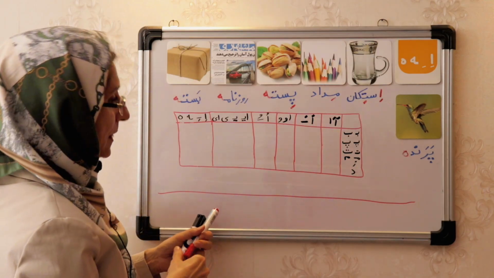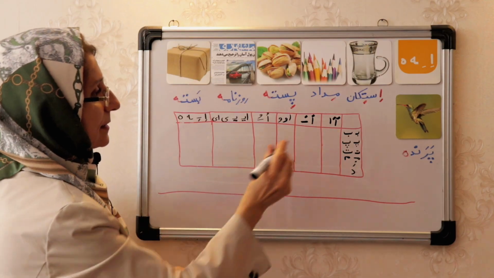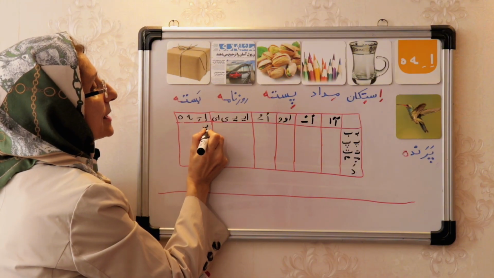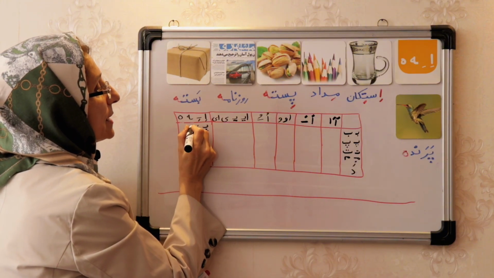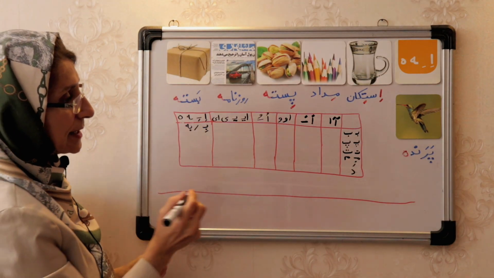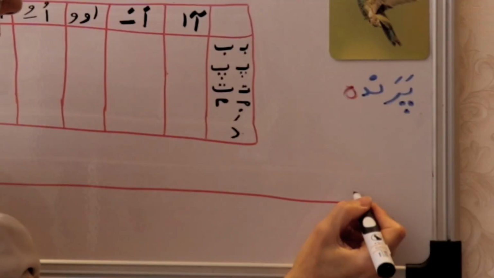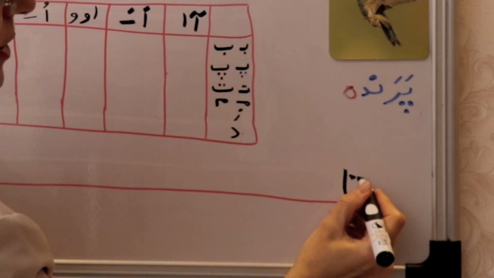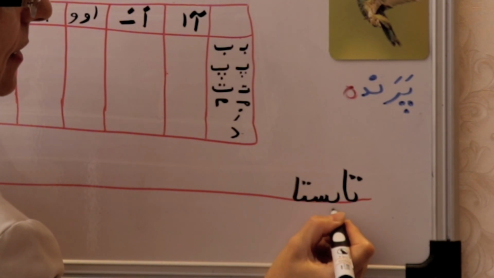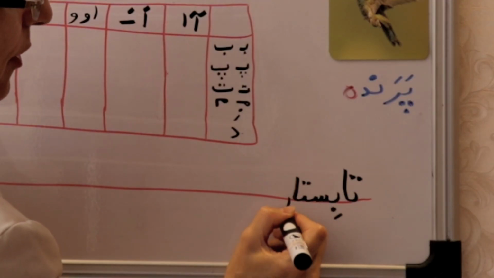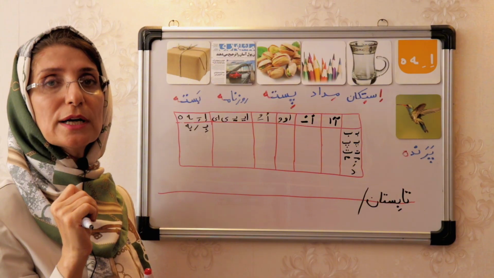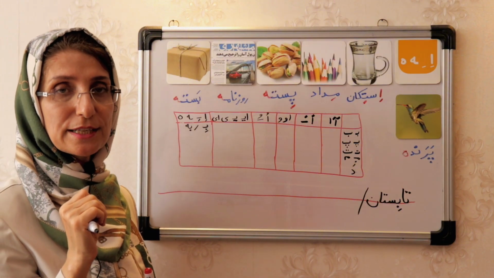For instance, B and A will be B or B. This B will be like تابستان. تابستان. Summer. I will teach you seasons and months in Persian.